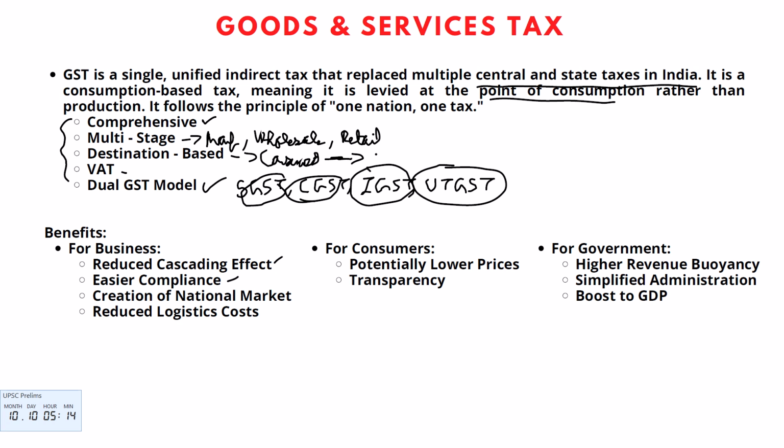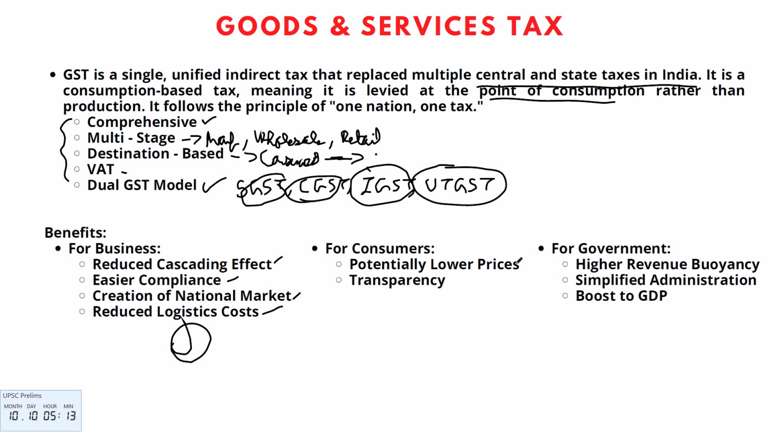In earlier times, when the VAT and other taxes were there, the taxes were very complex, but it has made things easier for the business in particular, so that taxes are easily paid. Creation of national market, free movement of goods and services across states without entry taxes promotes efficient supply chain and reduced logistics costs. Rationalization of warehouses and supply chains, which reduces the logistics costs as well.